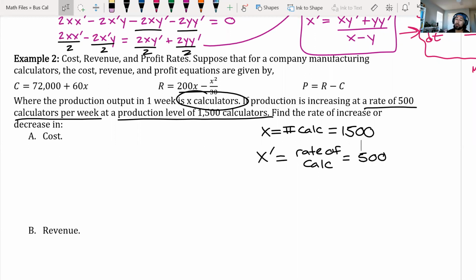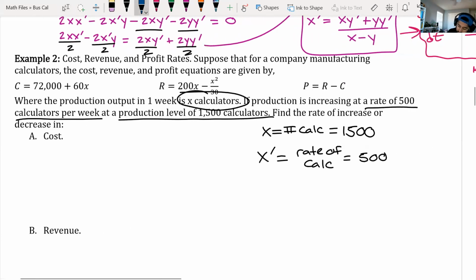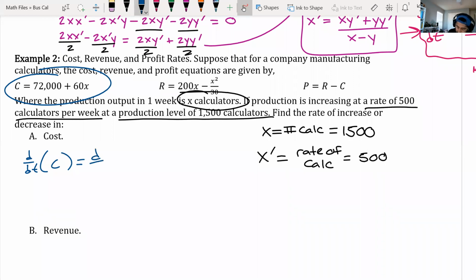So now when we deal with these related rates problems, all we want to do in order to find a rate is take the implicit derivative. So if you see the word rate, that just means, hey, take the derivative. So what we're going to do with the cost function, which is above, we're going to say d over dt of C equal to d over dt of 70,000 plus 60x.